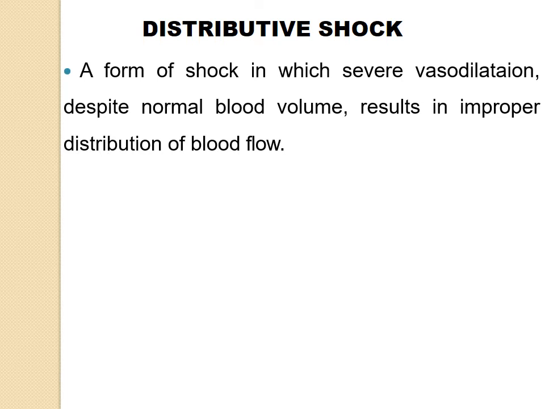Systemic vasodilation leads to decreased blood flow to the brain, heart, and kidneys, causing damage to vital organs. In short, distributive shock is a form of shock in which severe vasodilation, despite normal blood volume, results in improper distribution of blood flow.